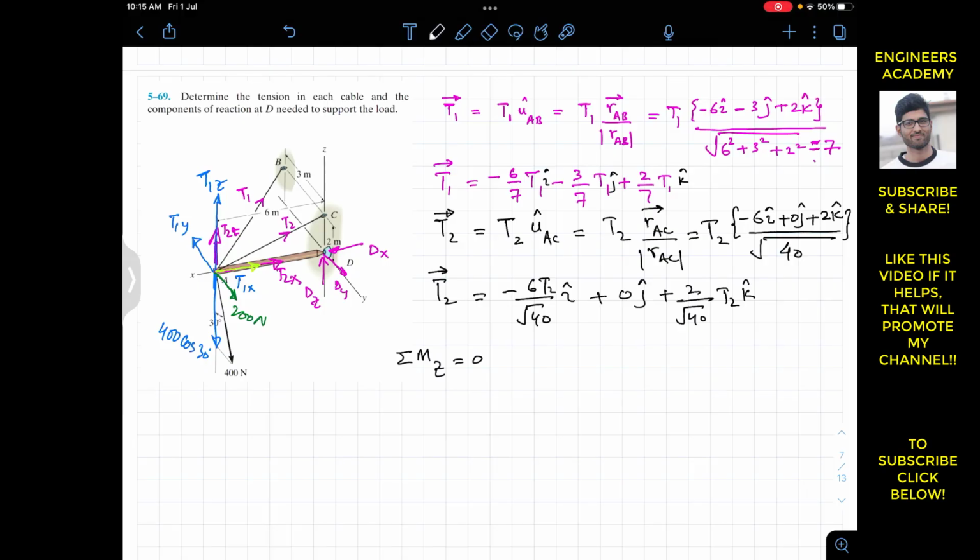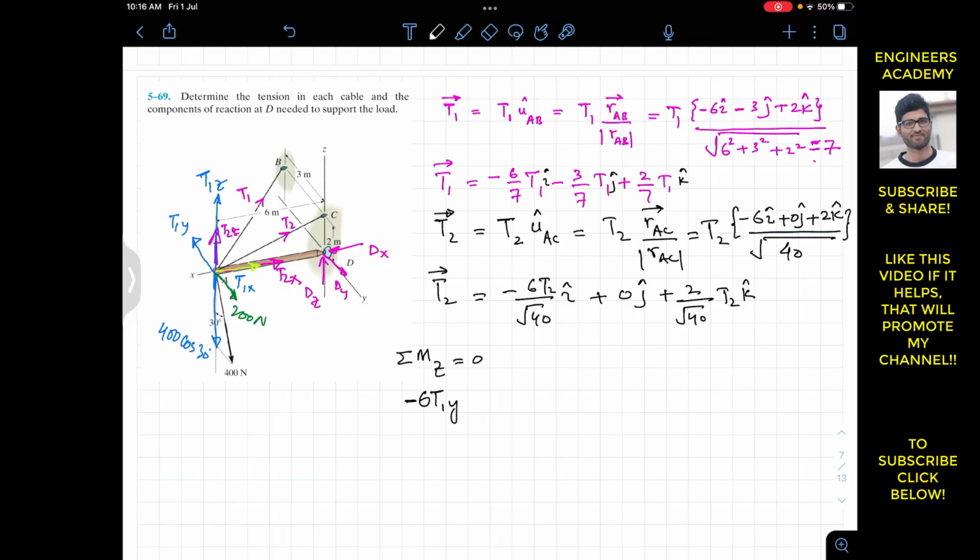So we will write minus T1y, and the perpendicular distance of T1y from that z-axis is this 6 meter distance, the length of the rod. So I have to multiply this T1y with 6, and this method is known as the scalar method.